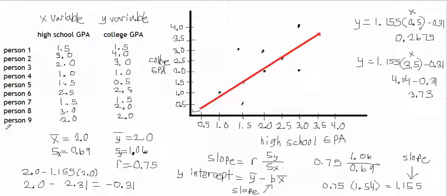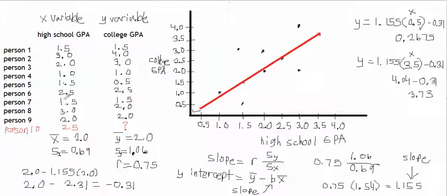So if there was a 10th person who came along, and that person told us that his or her high school GPA was a 2.5, and maybe they didn't go to college yet, so their college GPA is still unknown. We now want to be able to predict this person's college GPA in the future.